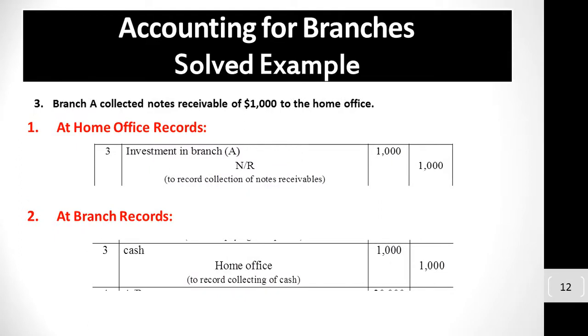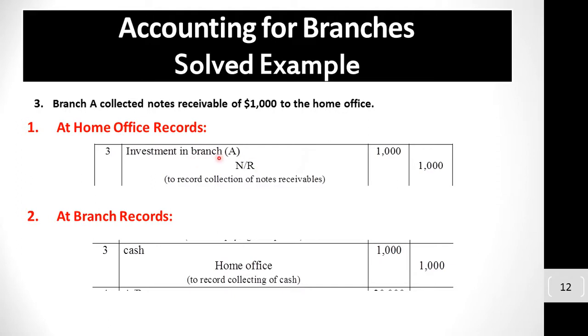Transaction 3, branch A collected notes receivable of 1,000 to the home office. At home office, investment in branch A will be debited, and the collected notes receivable will appear in the credit, because branch A collected these notes receivable.